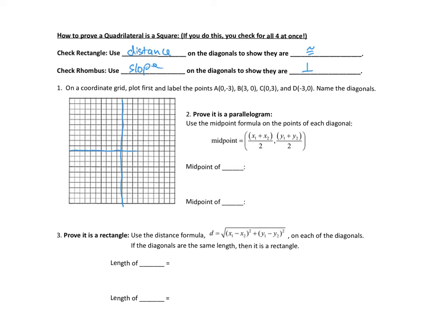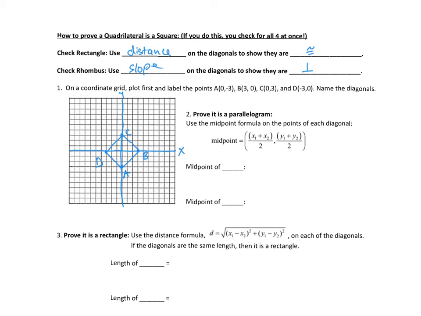Our xy axis, just like this. We have 0, negative 3 for A, so this is A. 3, 0, that's B. 0, 3, that's C. And negative 3, 0, that's D. Okay, so if I connect this, here is my supposed square.